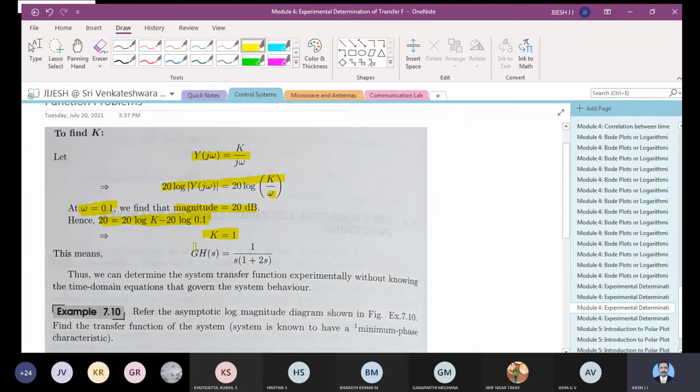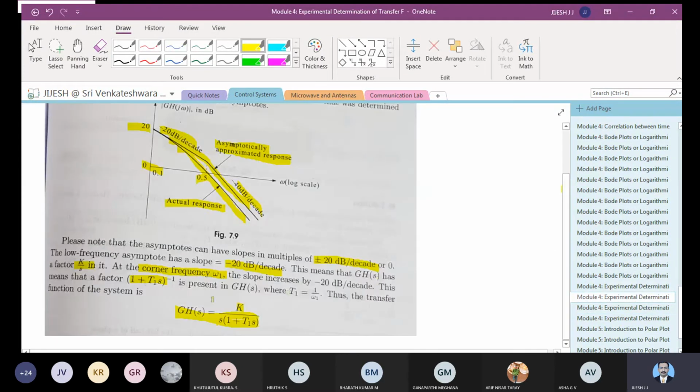And now we are going to see that G(s)H(s) is equal to 1 divided by s into (1 plus 2s). You can substitute the value of k here. So you got G(s)H(s) equal to k divided by s into (1 plus T1 s).